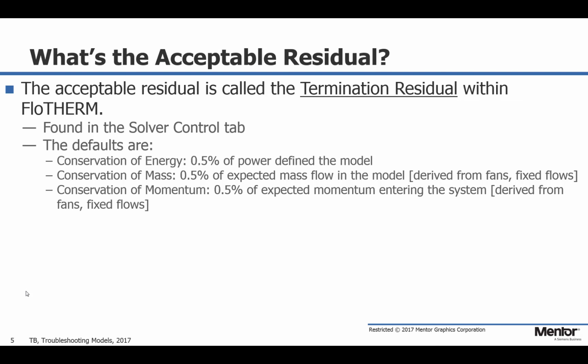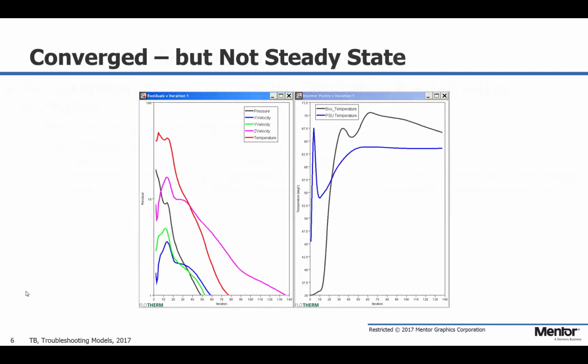Alright, so now let's take a look at some possible profile window scenarios you may see. In this case, our residual curves have decreased and reached 1. But if we look at our monitor points, they have not approached a horizontal line yet and are not in steady state. This means the Flotherm termination residual was not strict enough.